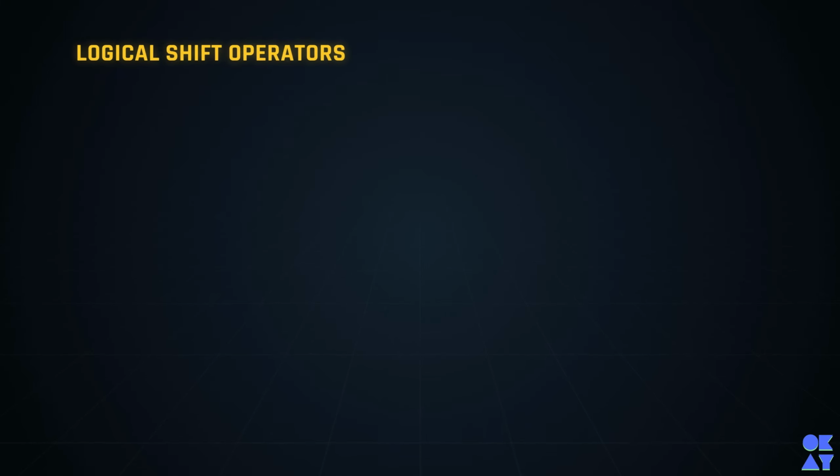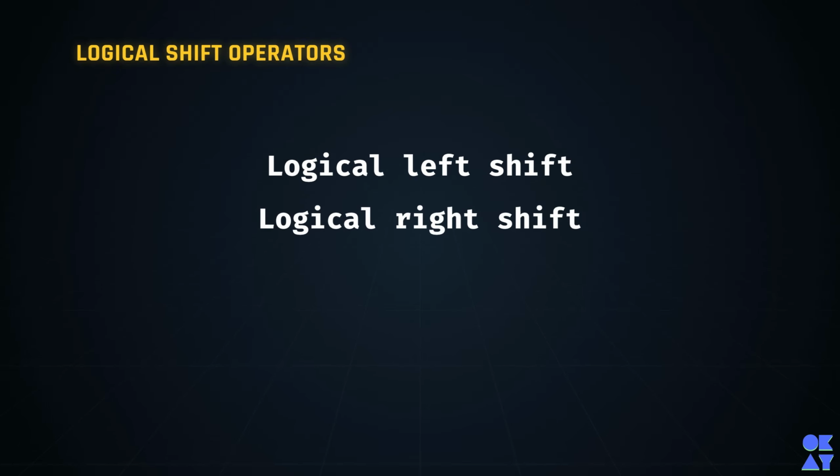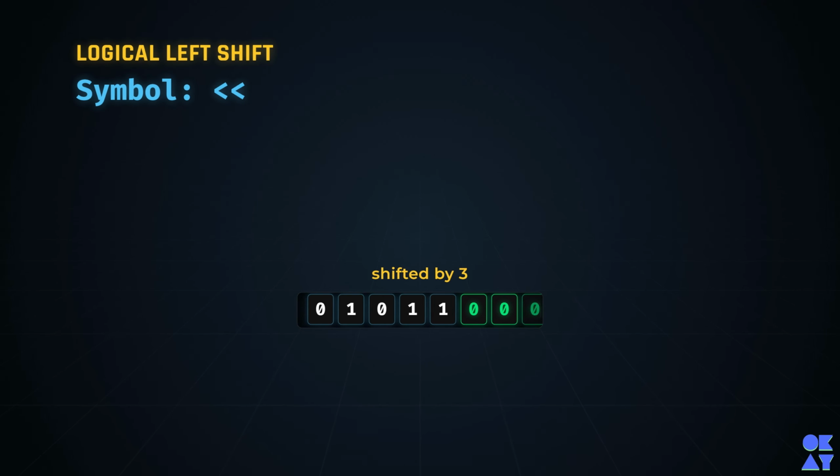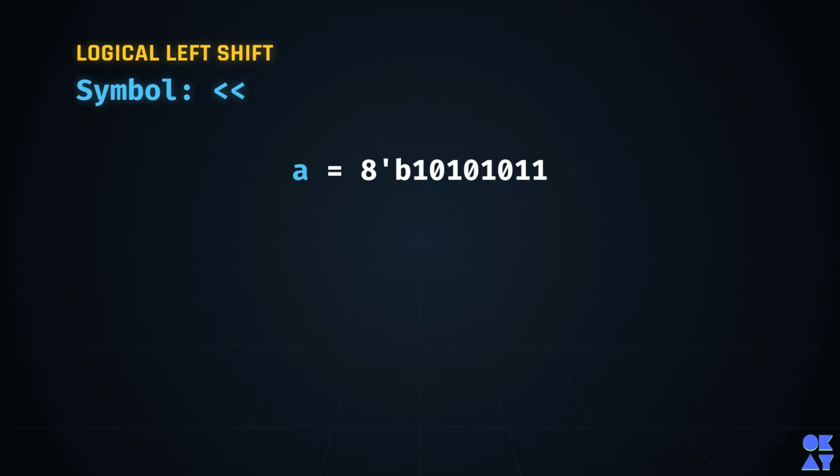Logical operators. These include logical left shift and logical right shift. Logical left shift. Symbol is double less than. In this, the bits are moved towards the left by a particular number, and empty bit places created on the right side are filled with zeros. Example: A equals 7'b10101011.